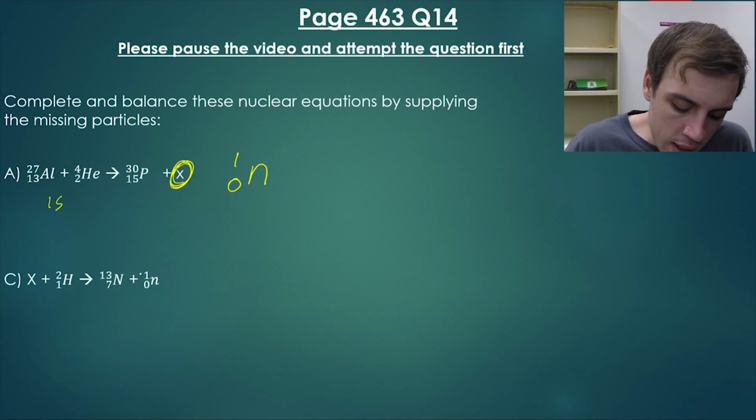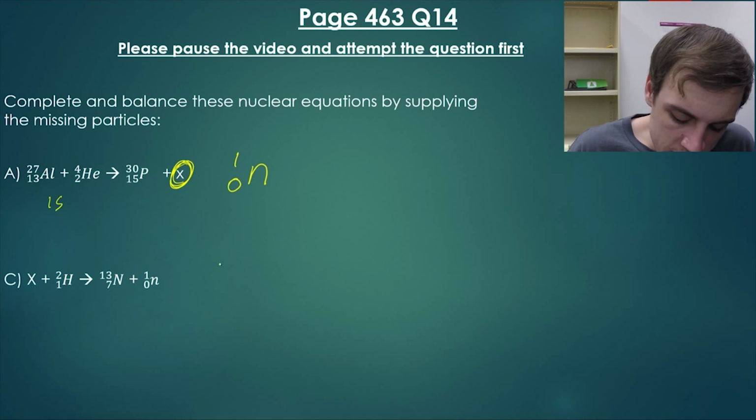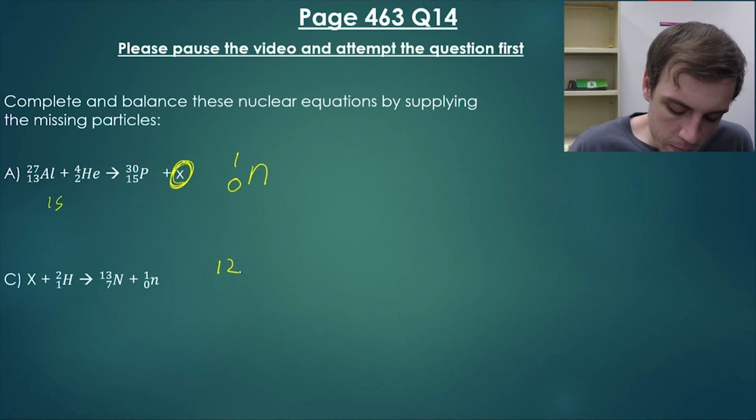Now, the next one is, again, the exact same deal. So we have nitrogen here. And what we need to do is make everything balance out. So we have 13 plus 1 is 14. So our x must have something plus 2 that will give 14. So that must be 12.